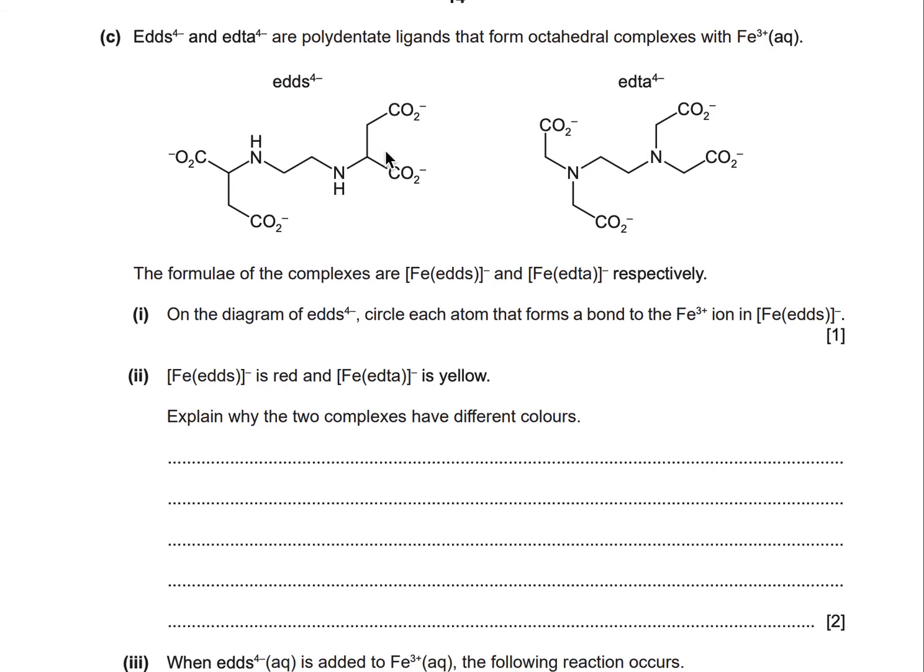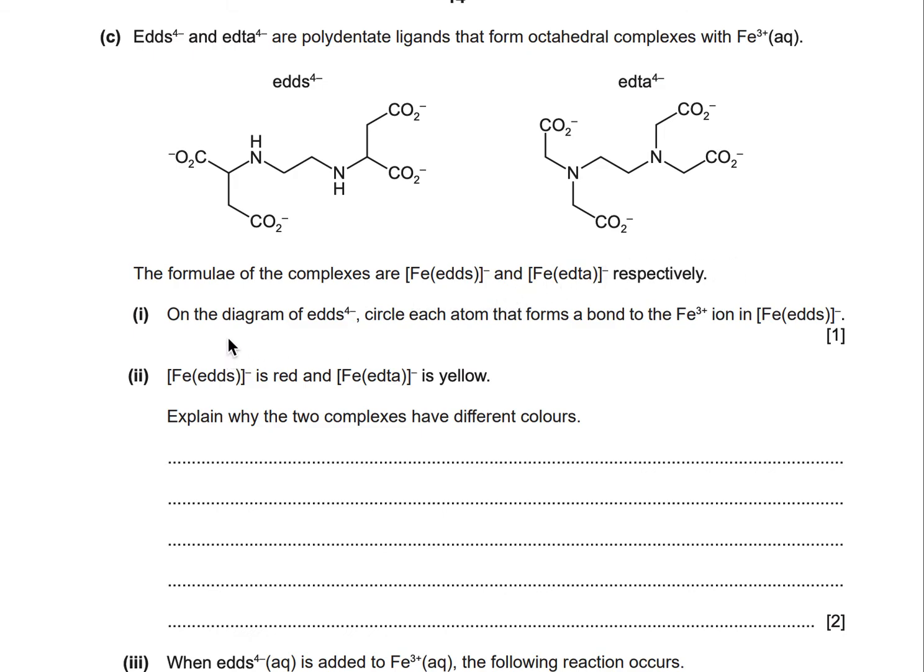EDDS 4 minus and EDTA 4 minus are polydentate ligands that form octahedral complexes with Fe3+ aqueous. The formulas of the complexes are these respectively.